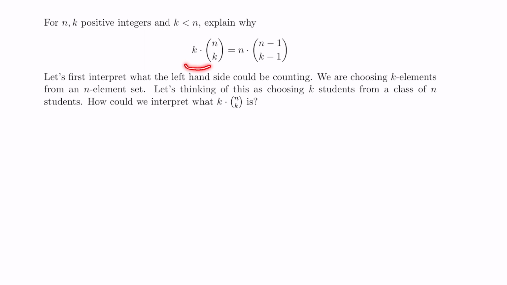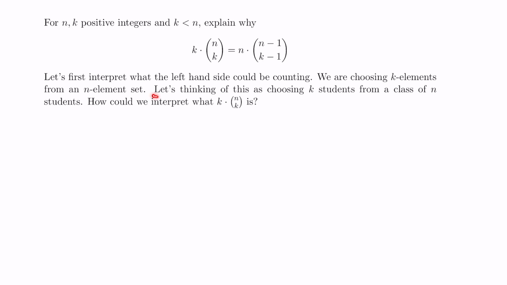So we'll start with this left side because we have the binomial coefficient n choose k, which has a straightforward interpretation, which is selecting k elements from an n-element set. Now the question is how to interpret this additional k here. I want to think about this in terms of things that we're actually familiar with.